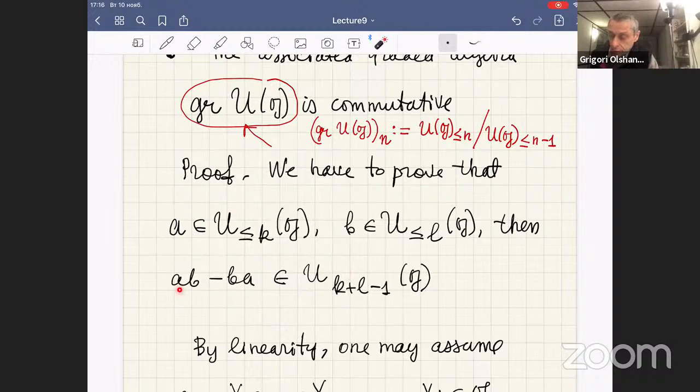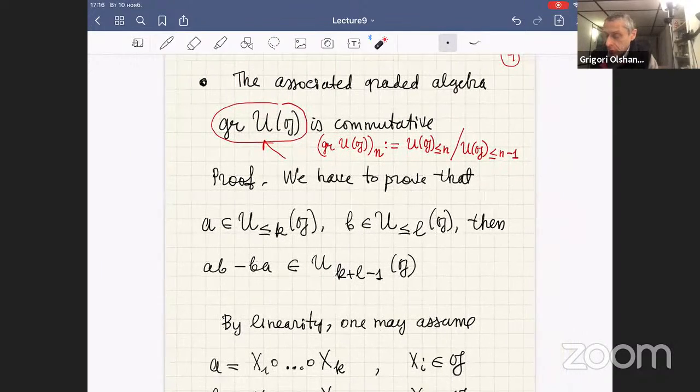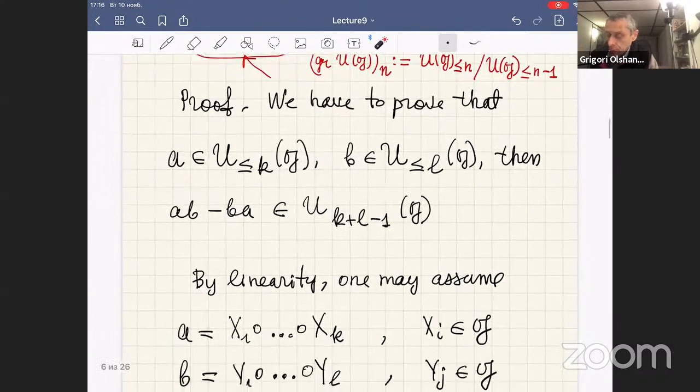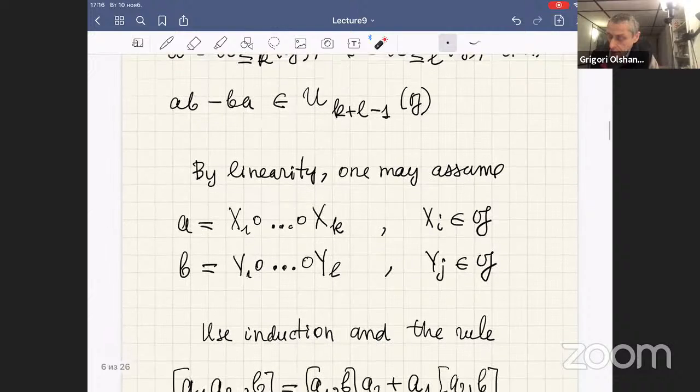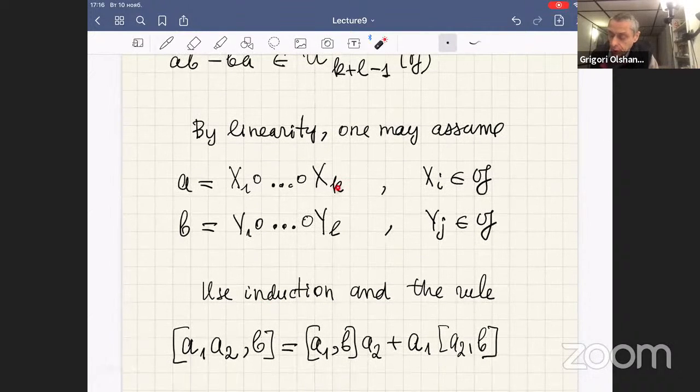So we have to prove this. How to prove this? This is easy. Just use the definition. By linearity, we may assume that our A has this form, some monomial, and B is some other monomial, and the letters are elements of the Lie algebra, and simply use induction on K or on L, and the simple rule which holds for an arbitrary associative algebra.